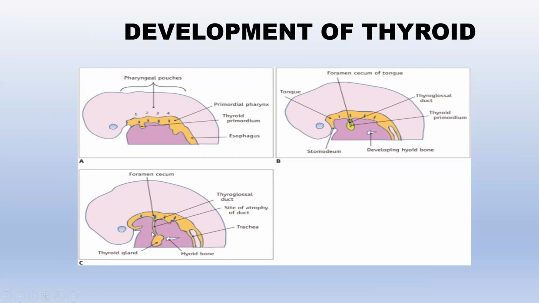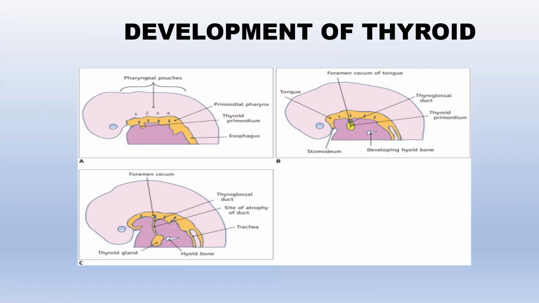For completion's sake, development is included here. Development and embryology will be done in a separate video and we'll be posting it for you. To sum up, the thyroid gland initially develops from the median endodermal thyroid diverticulum. From there the thyroglossal duct develops, the caudal end of the duct enlarges to form the gland, and the duct disappears at the end.